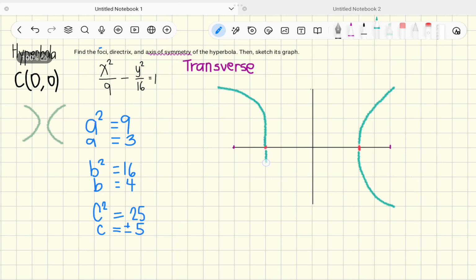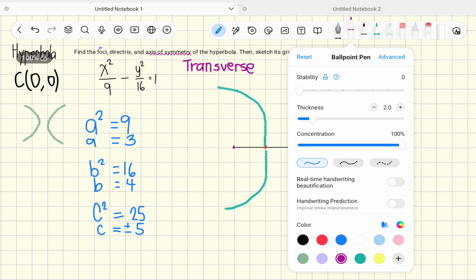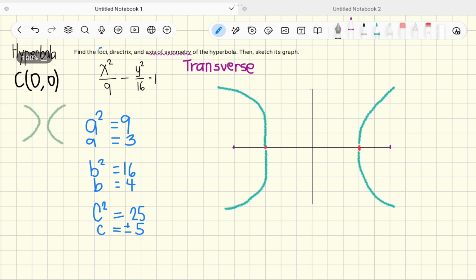Supposedly it's passing through there, so it extends. Then let's find the coordinates. What will be the coordinates of focus 1?